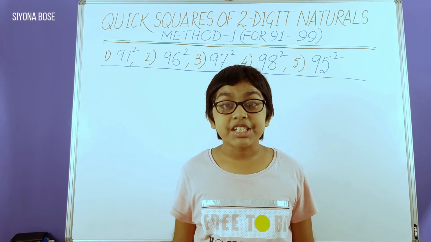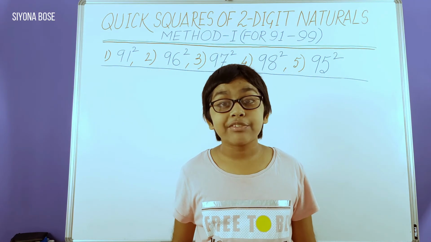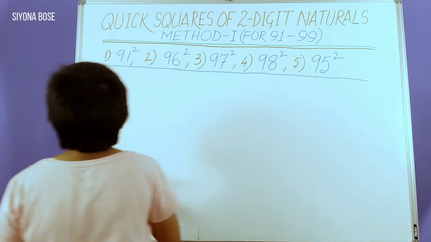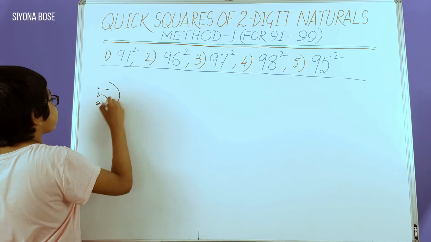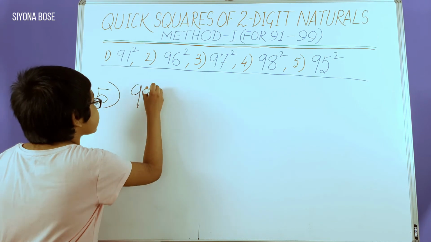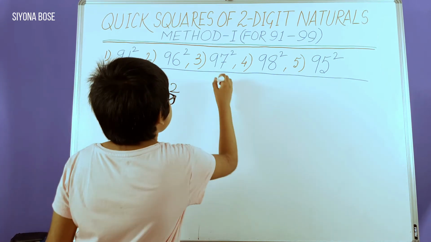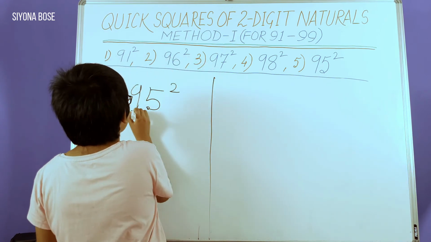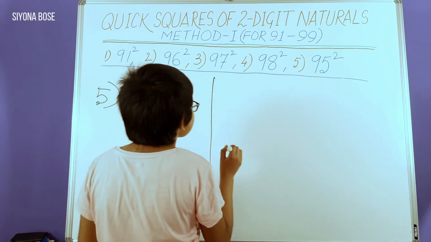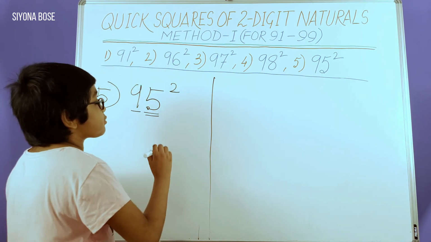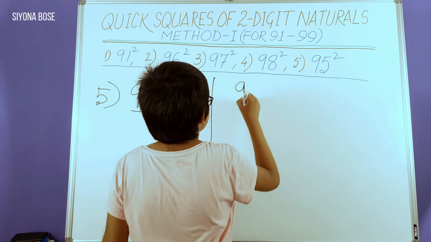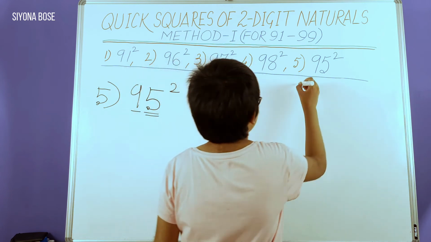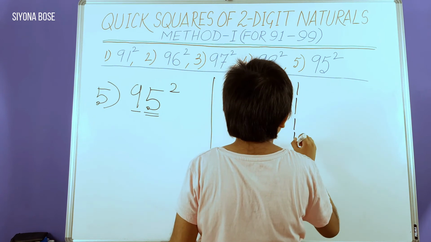Now we are moving on to 95 squared, but 95 squared is solved in a totally different way. Let us see. Number 5, 95 squared. For explanation, I'm underlining it separately because we need to get the answer from 2 different segments. We need to work out the 9 in one way and the 5 in a separate way.